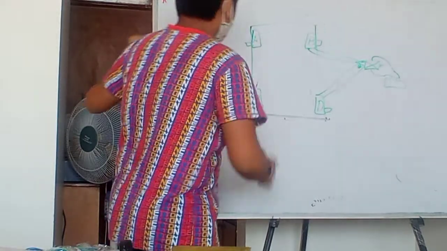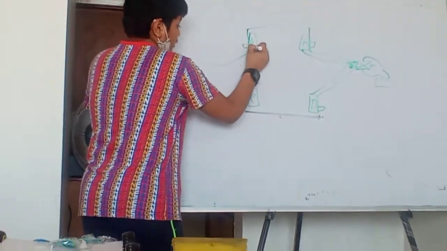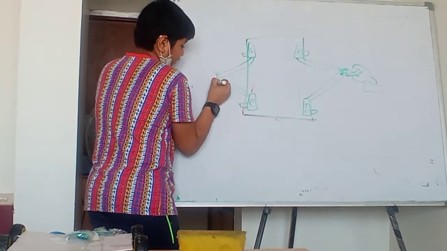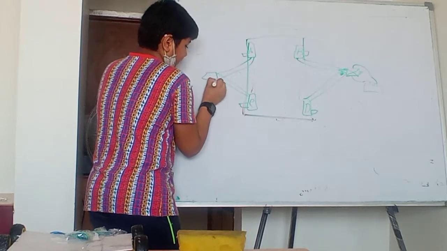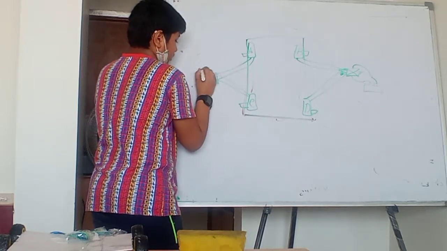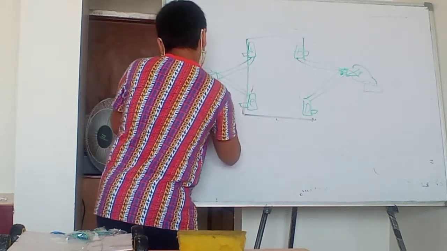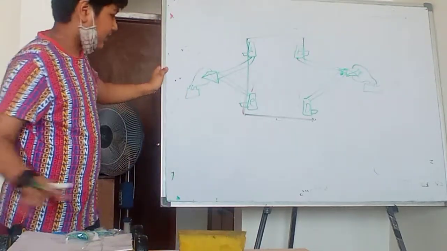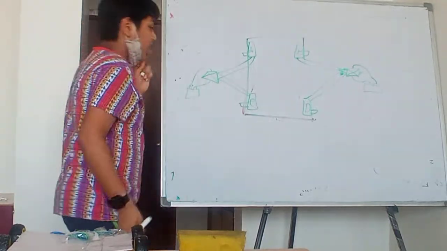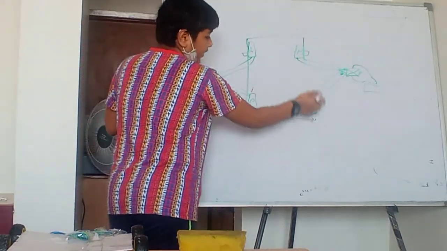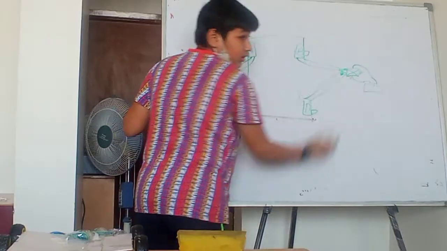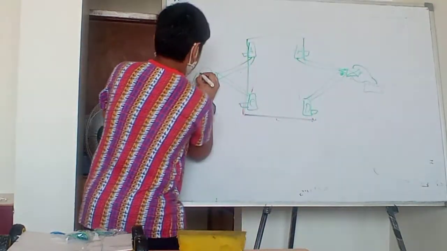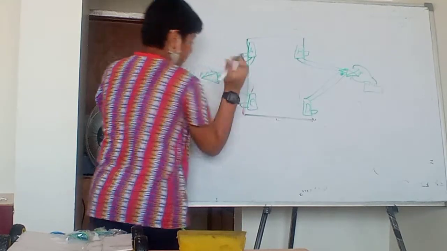But these two are also in the same connection, but with a different DPDT. Same battery is there. So B and D motors are connected to this DPDT. Let's take this as forward, this as backward.